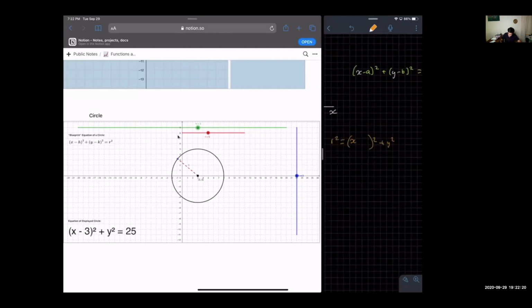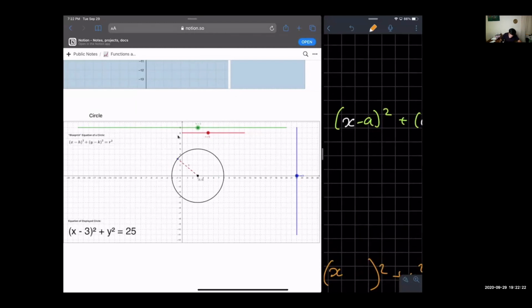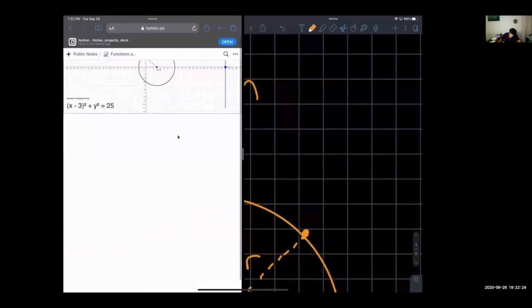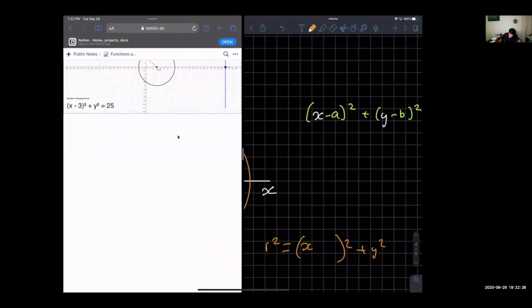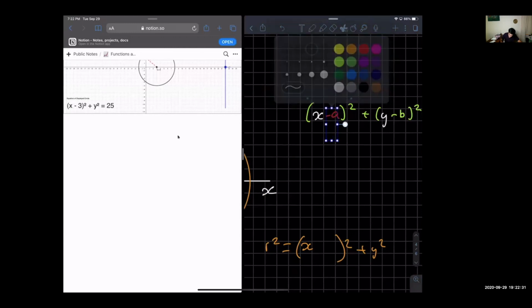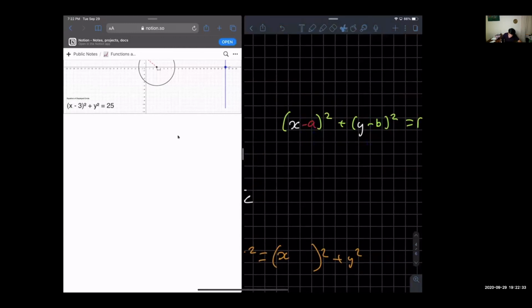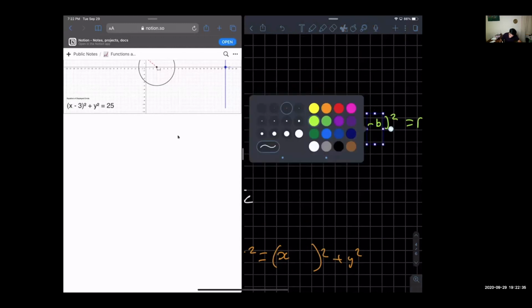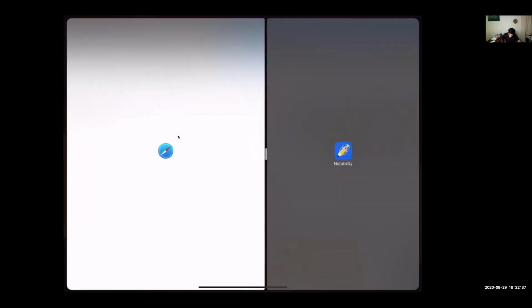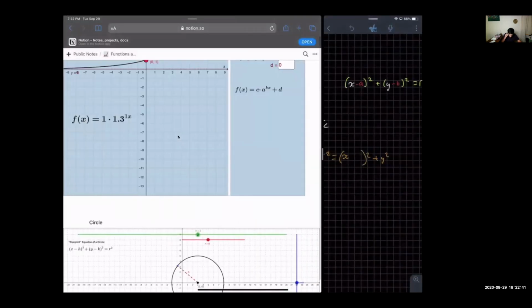So what we'll do here is come back and we'll change this to red, okay? And the same thing happens to the y value. I'm showing you this because it's important to remember that the a and b values are red.